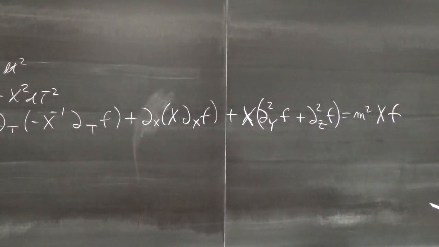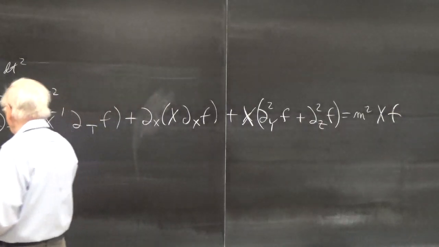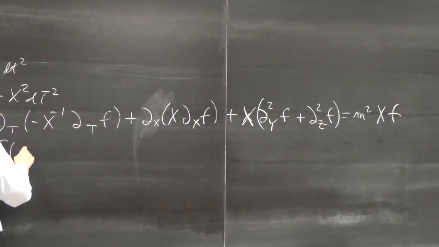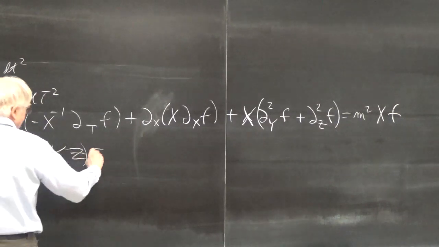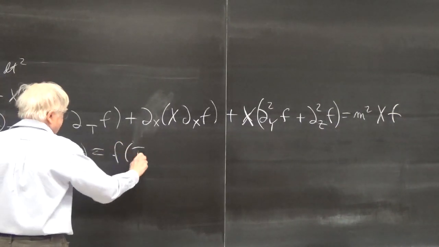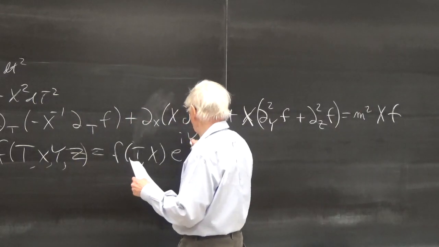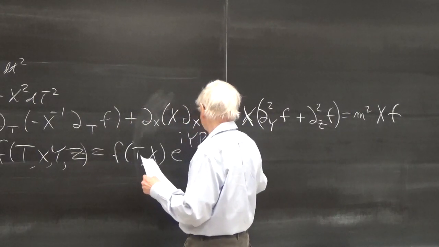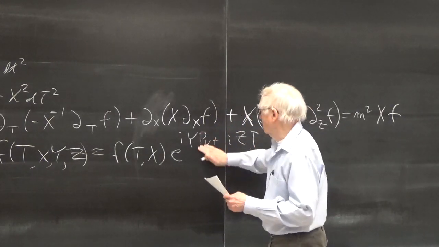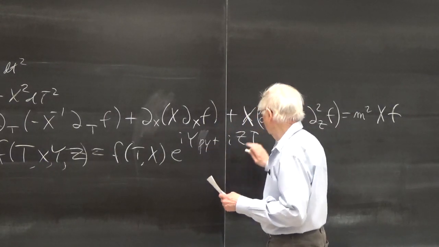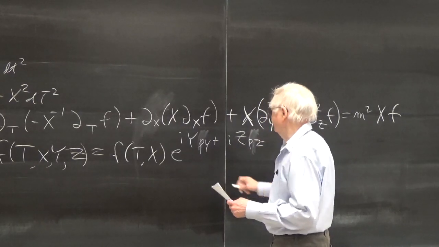So that's the equation, and one can say f of t, x, y, z is just f of t and x times e to the i y p_y plus i z p_z.